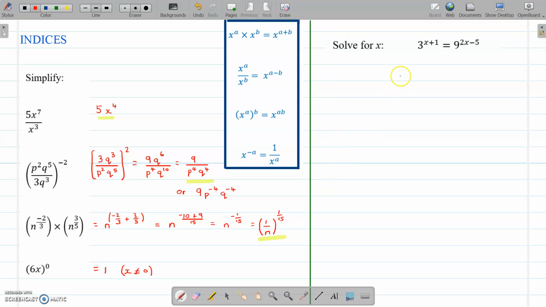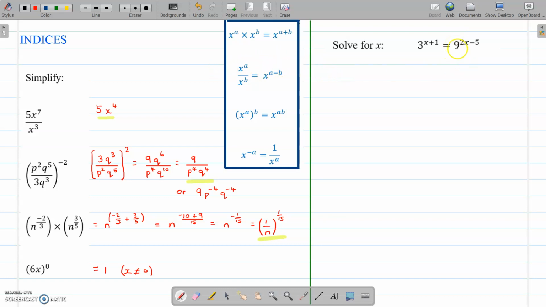Okay, now on this side here we have an equation to solve, an unusual equation, and the unknown is contained in the power of both sides. Now, before you can even begin to do that, you've got to look for some similarity between the number here, the base, which is 3, and the base here, which is 9. And you've got to try and rewrite one in the form of the other.